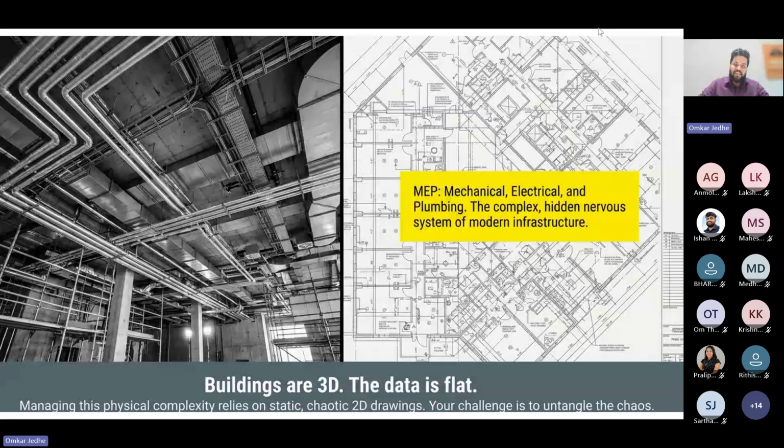These are the pipelines under the duct lines. These are the electrical trays, which carry all the electrical utilities. This is a real picture so that you understand what kind of mesh is happening just to give such a good feel to any building or any house. And all of that is designed on the drawings, which you see on the right side. That becomes so chaotic in the 2D drawings, where your challenge is to untangle this chaos.